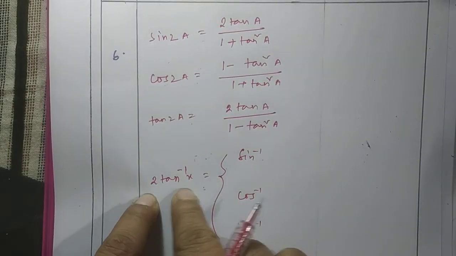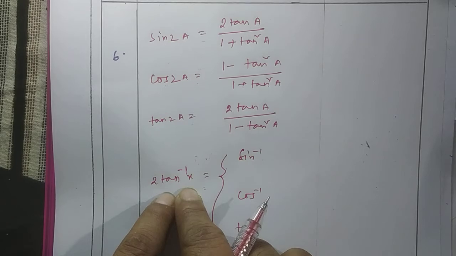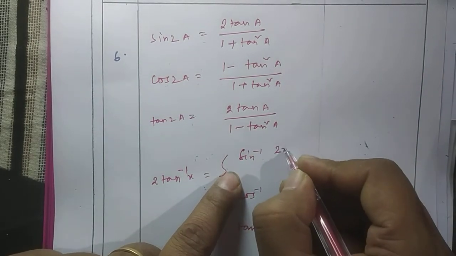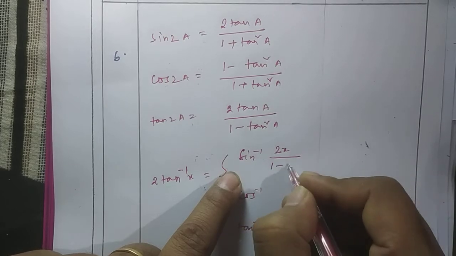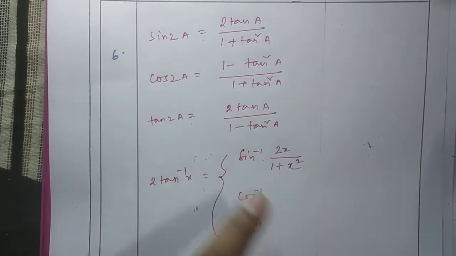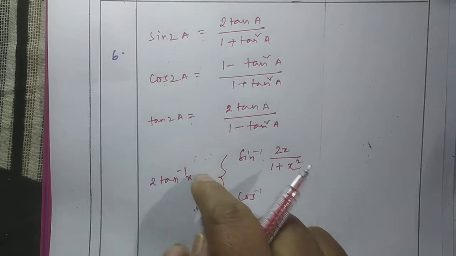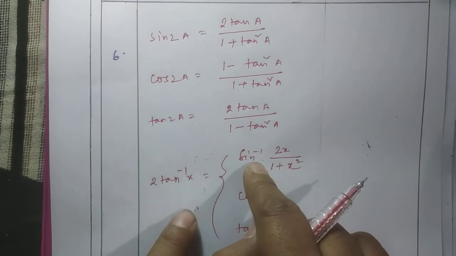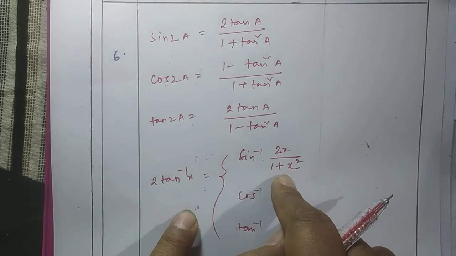Now the formula of 2 tan inverse x in terms of sin inverse is sin inverse 2x by 1 plus x square.